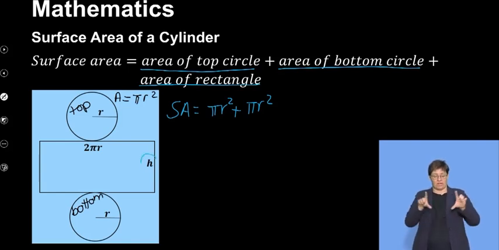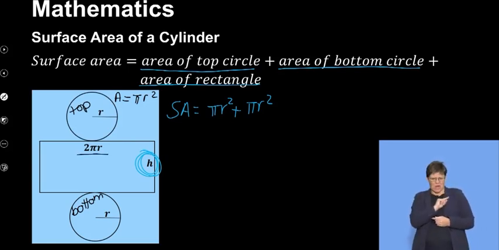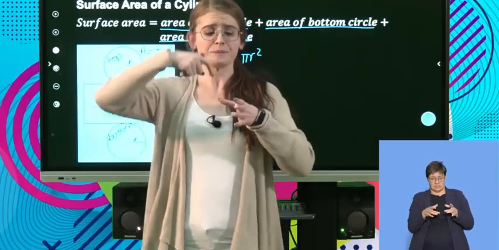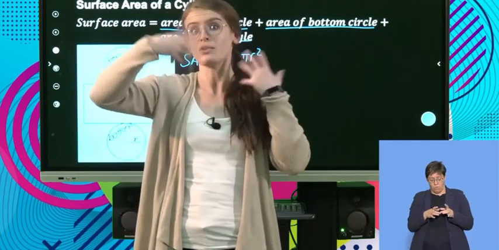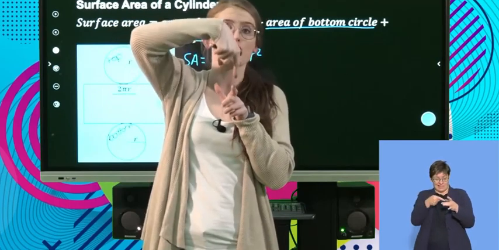We know that a rectangle will have a regular height. The trick with this is the length of the rectangle. The length of the rectangle is 2 pi r, and you might be asking, well, why is it 2 pi r? If we think about a cylinder, and if you want to watch my hands, we know that a can or a cylinder shape, the rectangle goes around the circle shape.